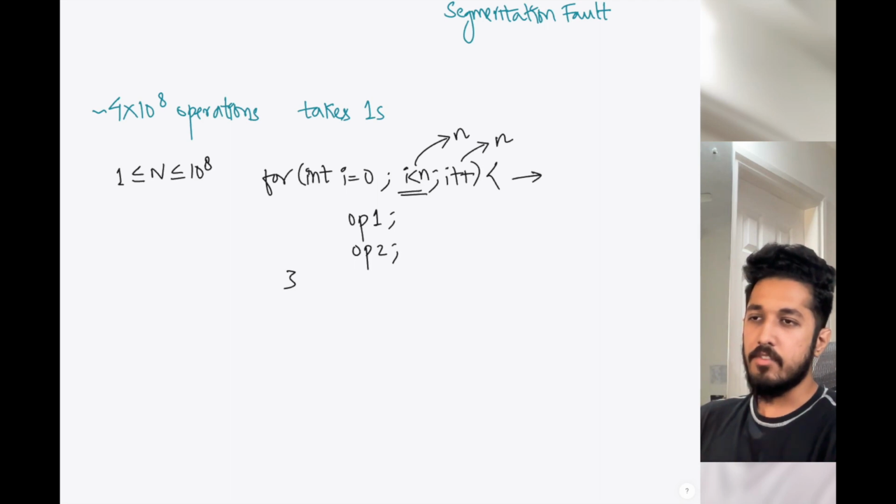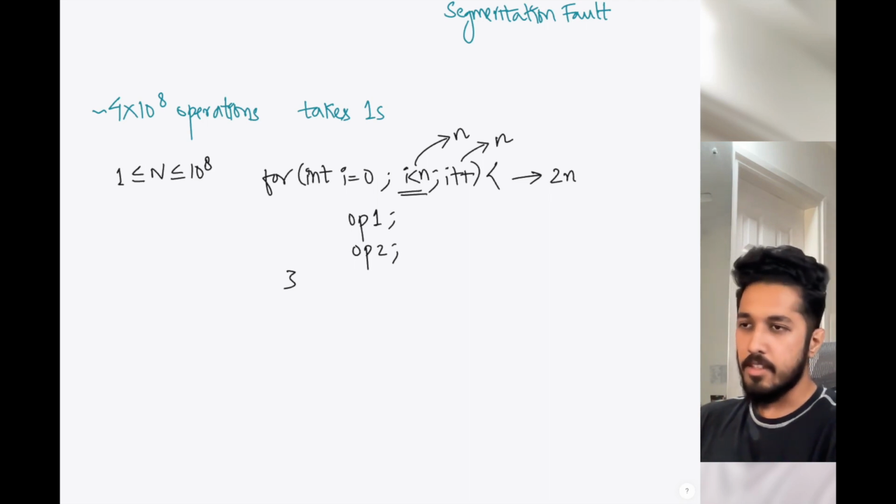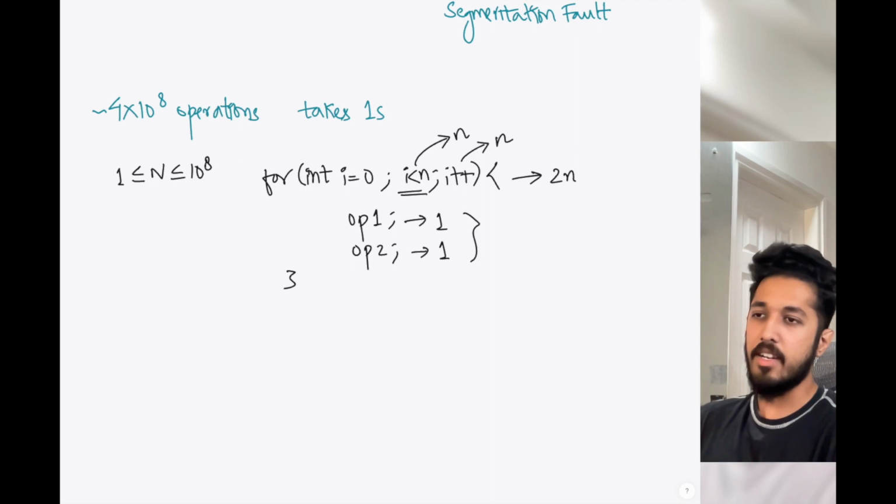Therefore this will be 2n operations, and let's assume that operation 1 and operation 2 each take 1 unit of time. They are going to run n times, therefore 2n operations in total. So approximately the total number of operations performed by this code snippet is going to be 4n operations.